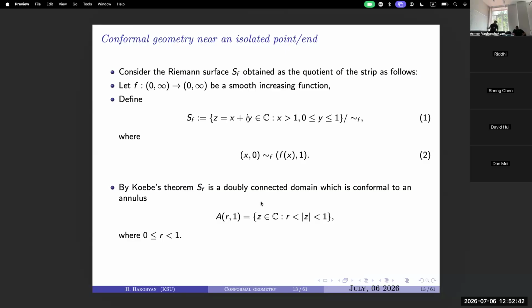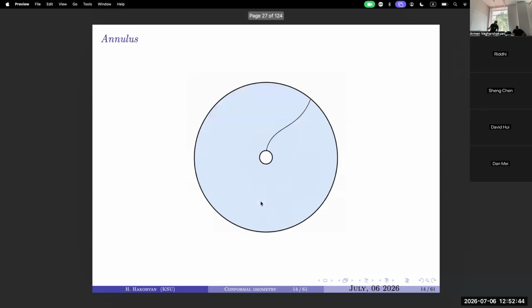And another example, let me see if I have this. Right, so these are the two possibilities, right? Let's call that f1(x) and f2(x), let's call this one 2x. Okay? So it turns out it's very, very different. If you have x, you get a puncture. If you have 2x, you get an annulus.